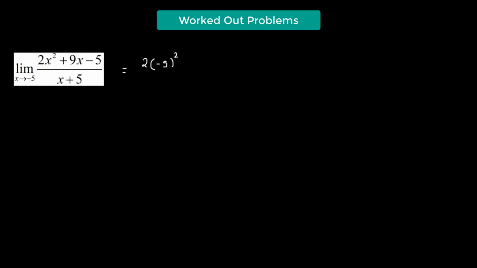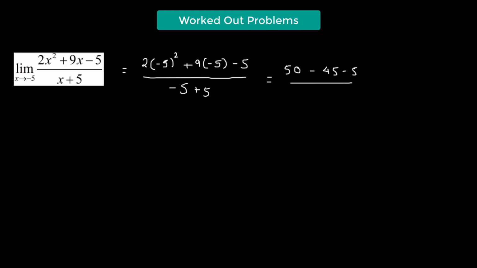So we have 2 times negative 5 squared plus 9 times negative 5 minus 5 divided by negative 5 plus 5. So negative 5 squared is 25 and 25 times 2 is 50, minus 45, minus 5, divided by 0.